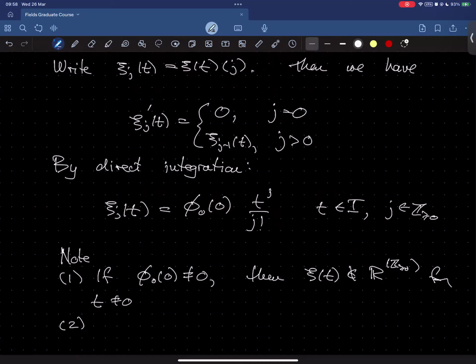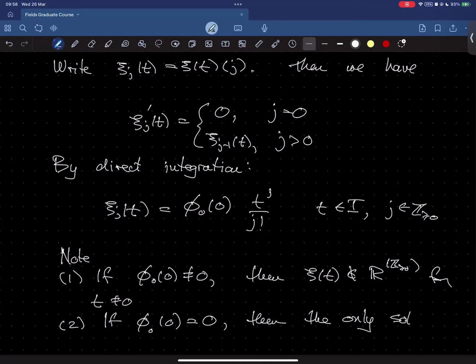All right. So if phi 0 of 0 is equal to 0, then the only solution, again just from this formula, is the 0 solution.